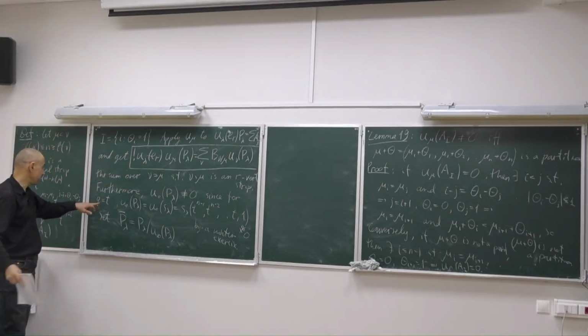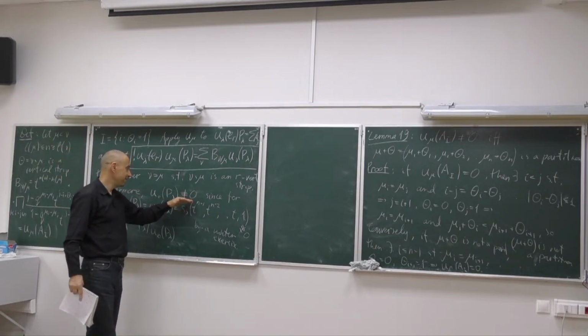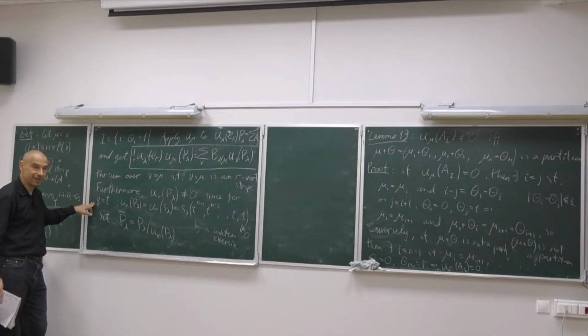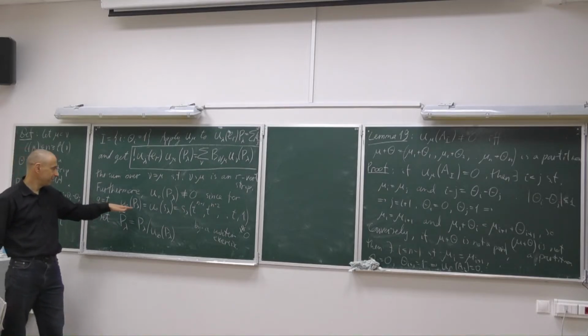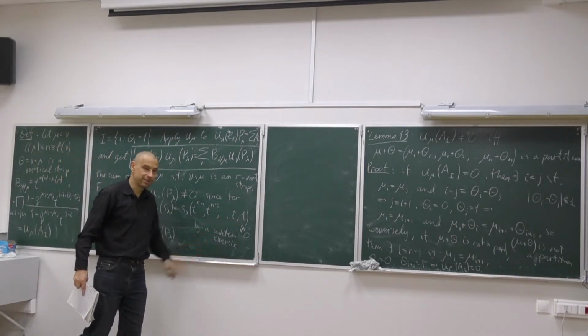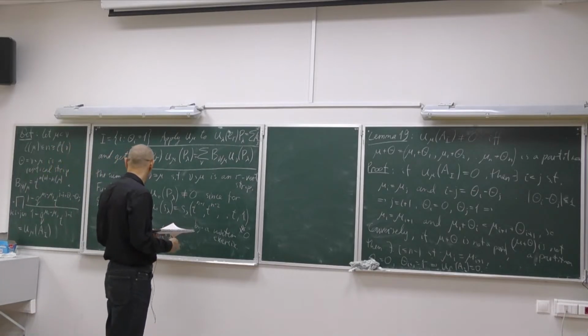To prove that it's not identically 0, it is enough to show this for any specialization. We specialize q to t, and then the Macdonald polynomial specializes to Schur functions, and for Schur functions we know that this does not vanish identically.